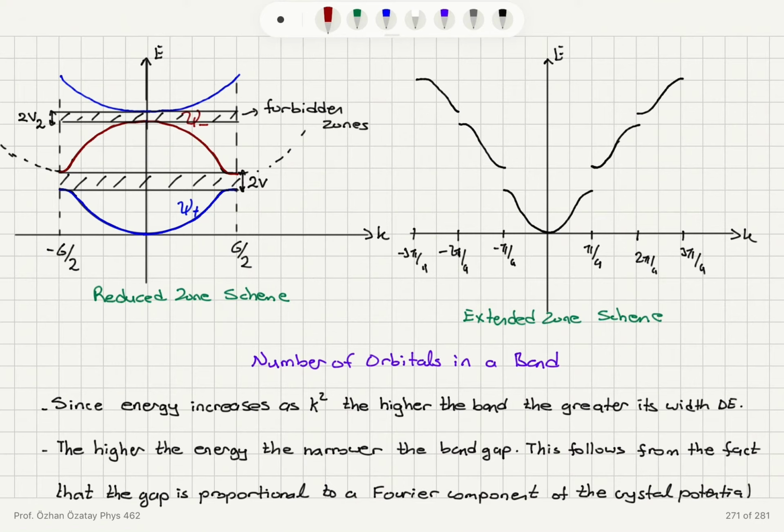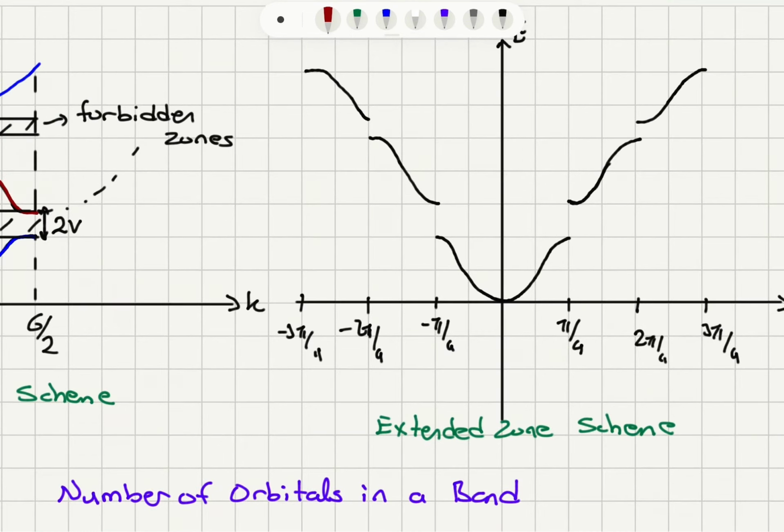Now, I want to ask how many k values are possible in the first Brillouin zone. Since we have energy increasing as k squared, the first thing we notice is that the higher the band, the greater its width. You can see this here. The higher the band, the greater the width, so delta E is increasing as we go up higher in energy.